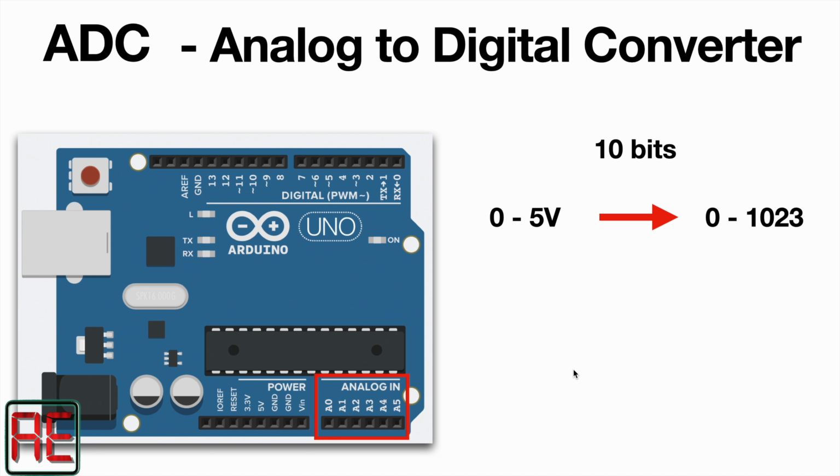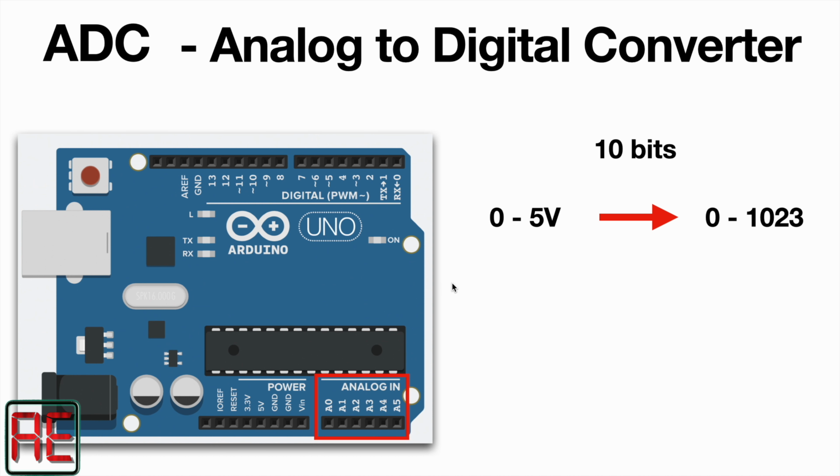And if the analog input has 5 volts on it, the Arduino will convert it to a digital value of 1023. Any value between 0 and 5 volts on the analog input will be converted to a value between 0 and 1023. As an example, let's consider that we have 3 volts on the analog input.